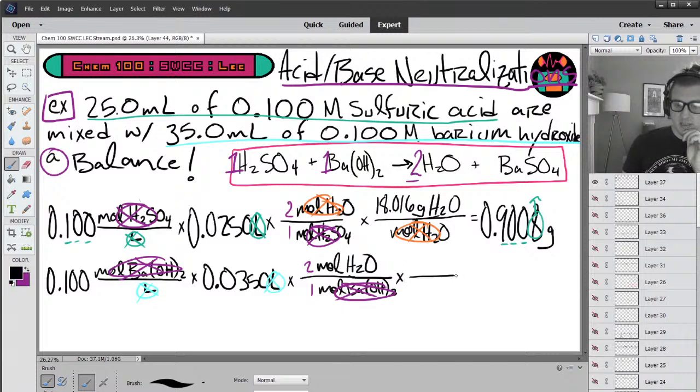And we multiply this by our molecular mass of water. So that moles of water cancel, and we're left with grams.